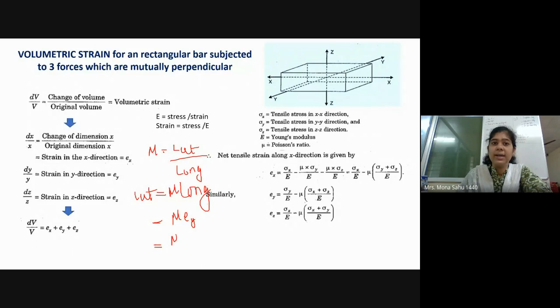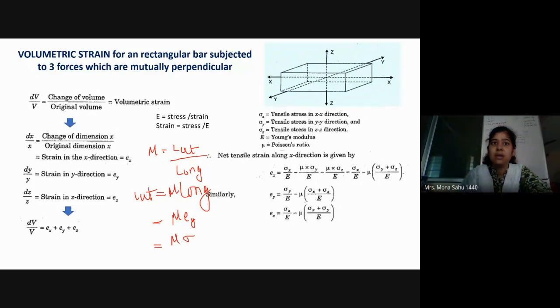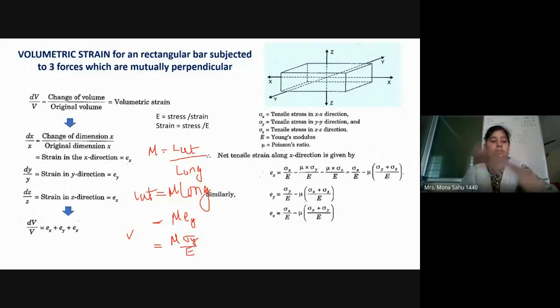How can you again expand strain? Sigma y by E. Did you get this? Any response? Yes, ma'am. Got it? So I can write minus, why minus?